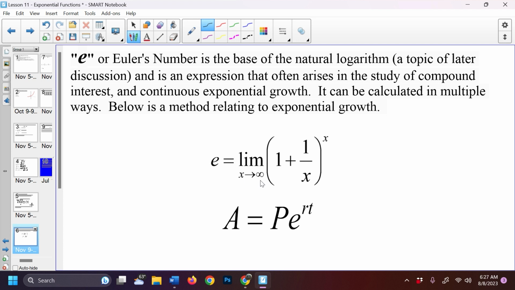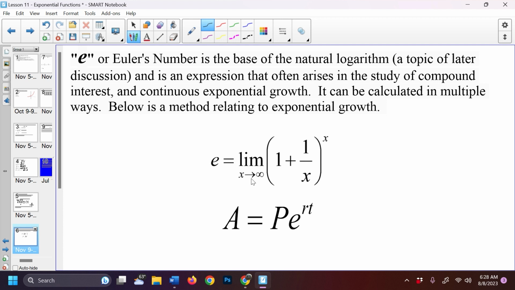As x goes to infinity, I get 1 plus 1 over x, all to the x power. Now, it seems if this number is tending to go to 0 as x gets much larger, then it would seem as if I would get 1 to a power, and that power becomes infinite. 1 to any value is just 1, but that's not how this ends up working. We do get this e value.